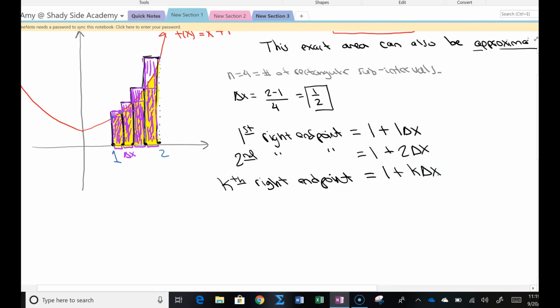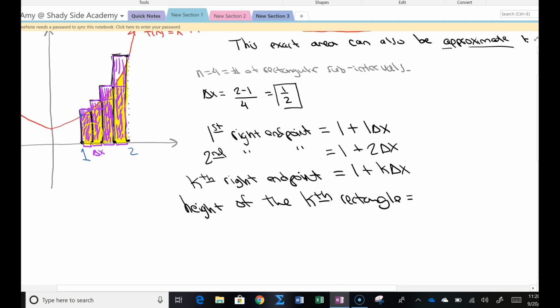Now, what would be the height of the kth rectangle? Well, the height of the kth rectangle is determined by the function value evaluated at the kth right endpoint.